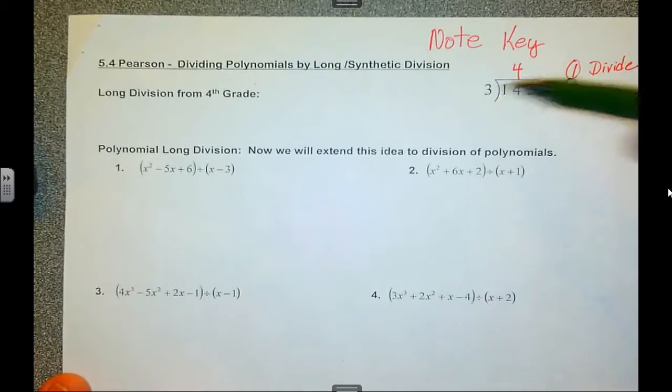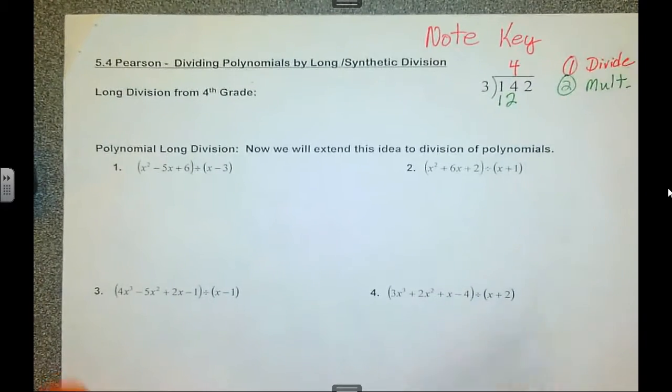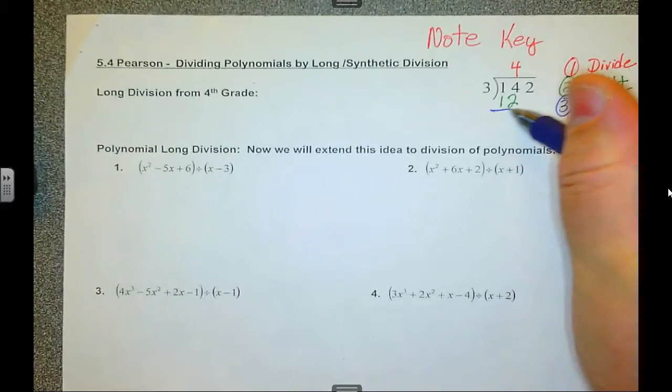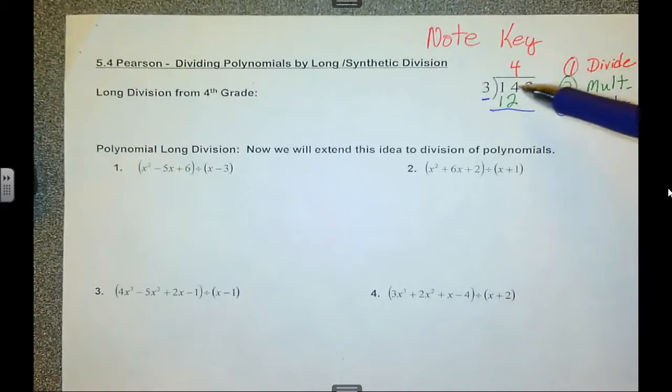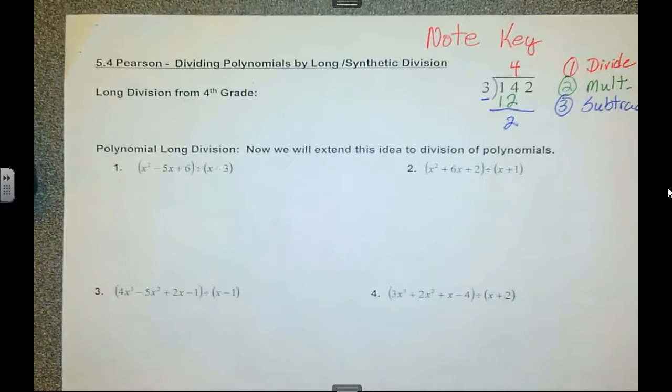Okay, 4 times 3, so you multiply. Get 12. Then what do you do? Subtract. Like 5th grade. 14 minus 12 is 2. What's the next step?